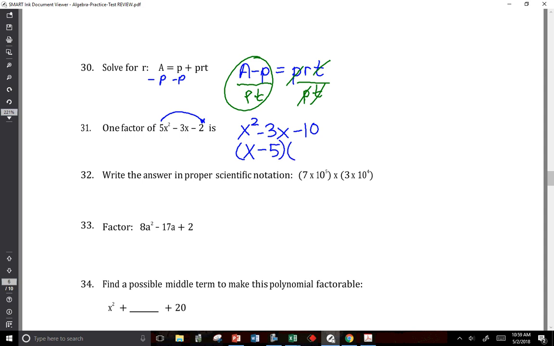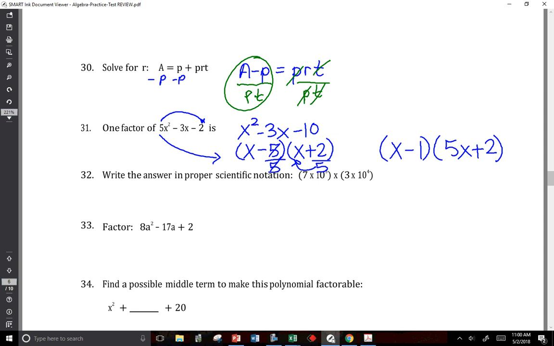Next one, scientific notation. We didn't learn this. Omit. Get out your calculator. When you multiply this on your calculator, you get 2.1 times 10 to the 10th power. It does give you in that format.